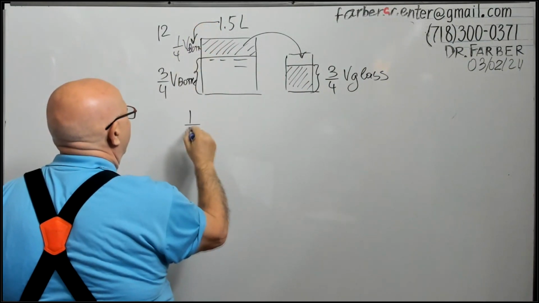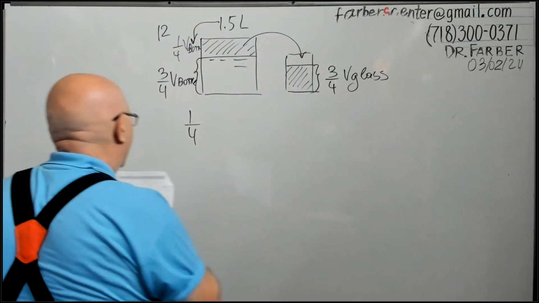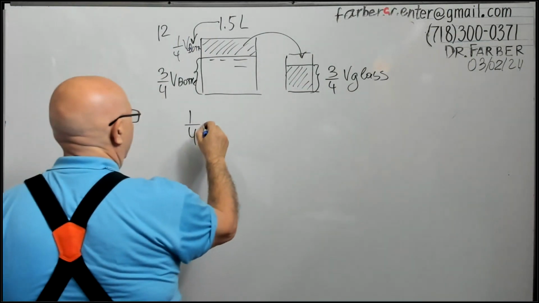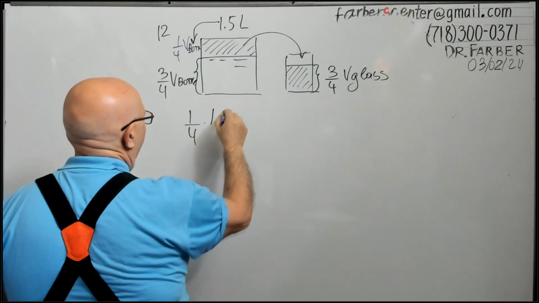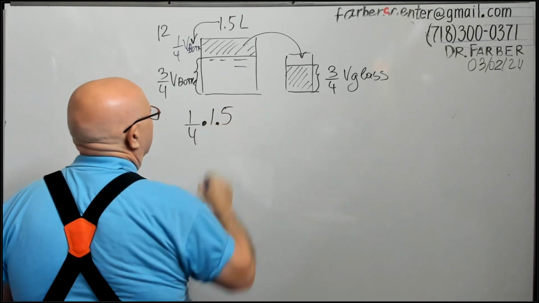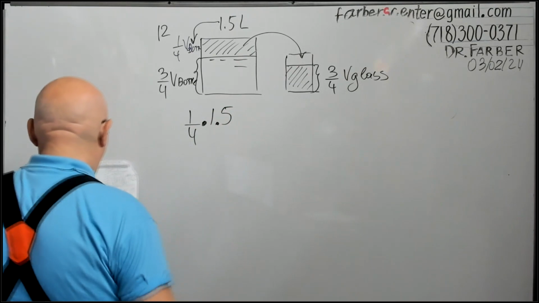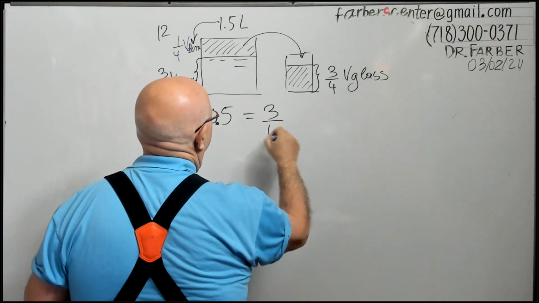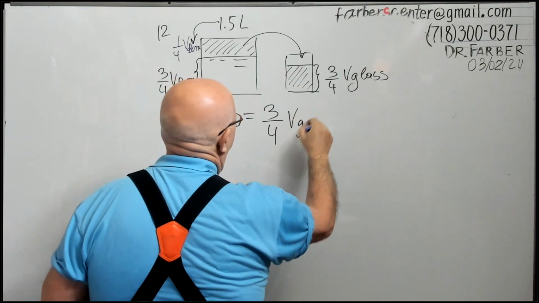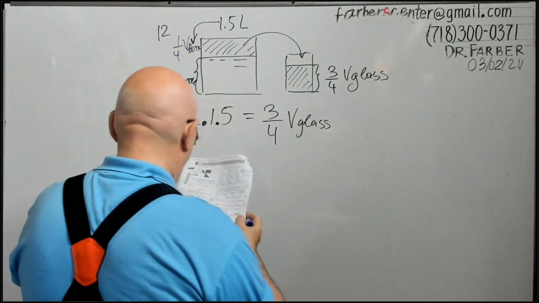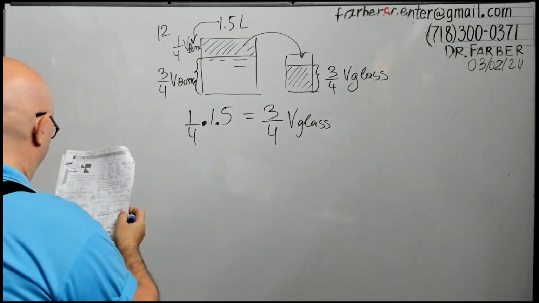So 1/4 of 1.5 liters, right? It's multiplication, and these are decimals. And this equals 3/4 volume of glass. And what is the question? What is the whole volume of glass? Beautiful.